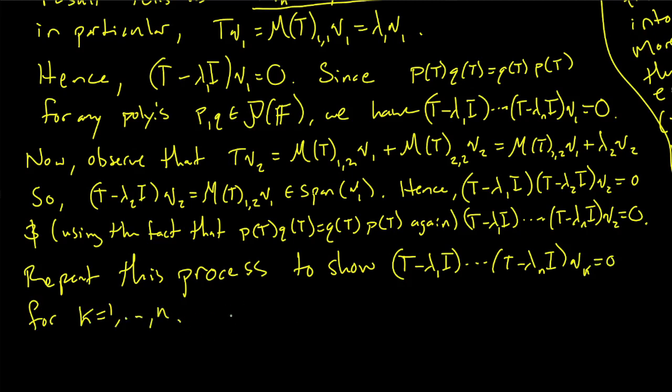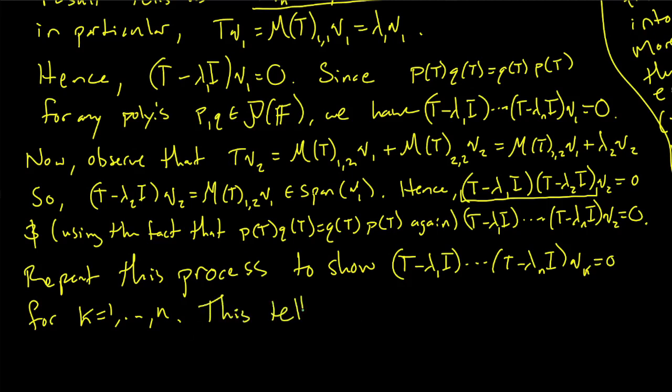Here's how we do it. We keep showing these pieces, adding more and more terms. So it'll be (T minus lambda 1 I)(T minus lambda 2 I)(T minus lambda 3 I) v3 is 0. Then we keep going down to 4 with v4 equals 0, and so on, all the way up to n. It's the exact same procedure every time.